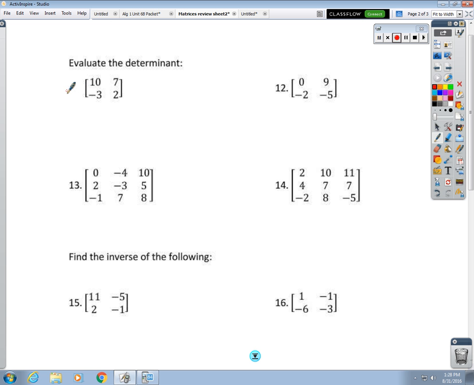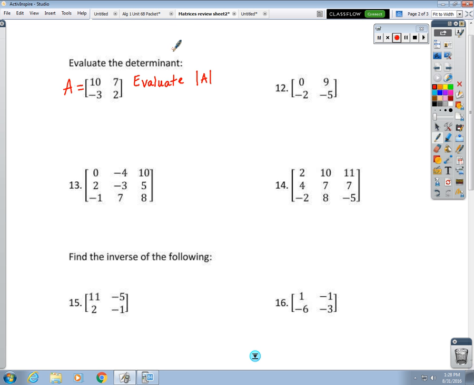So we'll just call this matrix A. And then they might say something like evaluate, and then they'll have this. Those bars that look like absolute value bars let you know to take the determinant. So remember that. If they give you a matrix and then they put absolute value looking bars around the matrix, they're letting you know to do the determinant.